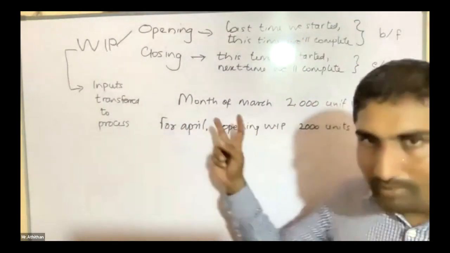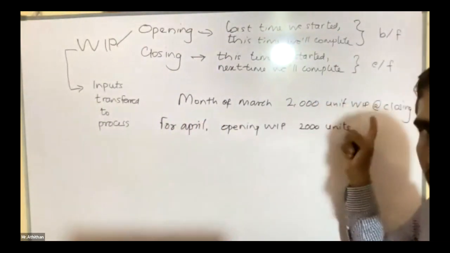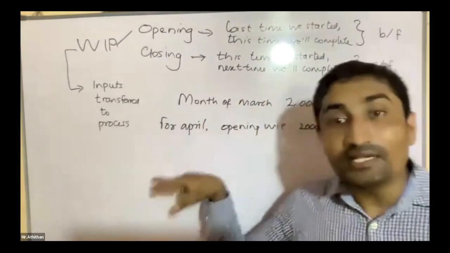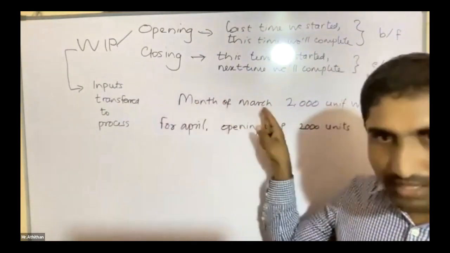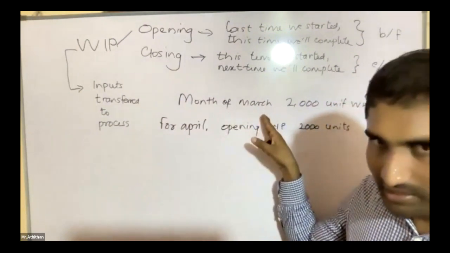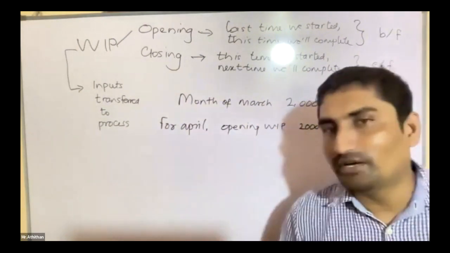Right? So for month of March, this is closing 2000. For month of April, that is opening 2000. So we will input. March மாதம் இறுதி இருப்பாக இருந்த WIP, ஏப்ரல் மாதம் ஆரம்ப இருப்பாக வந்திருக்கு.